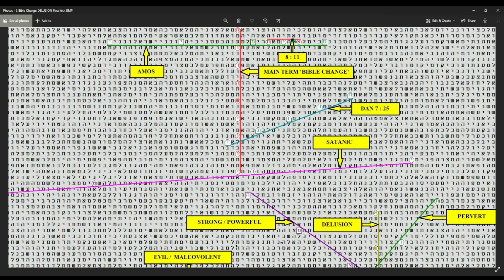8:11, obviously referring to Amos 8:11 as regarding a famine for the word of God, which is what we've seen through the Bible being changed. And then we also have Daniel 7:25, which refers to the fact that Satan will change times and laws, and when it speaks of that, it's not just talking about your wrist clock time, it's talking literal chronos, time itself.